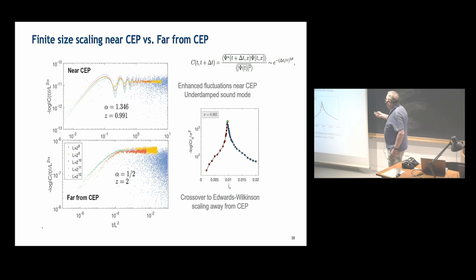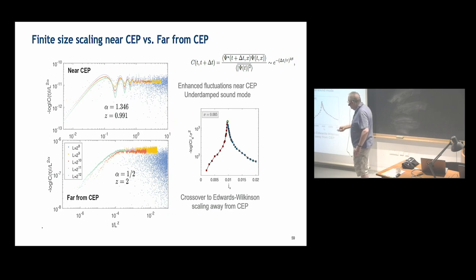And let's start far away from the critical exceptional point. So this is a finite size scaling. So what you're looking at is the correlation function scaled by the length to some power. So these are all different numerics from small systems to large systems.